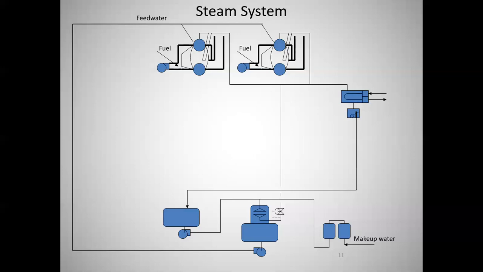Hot gases are generated inside the box by burning a fuel, probably natural gas, and flow across those tubes, creating steam. Industrial steam is probably the majority of the time saturated steam, but it could be superheated. These boilers can produce superheated.